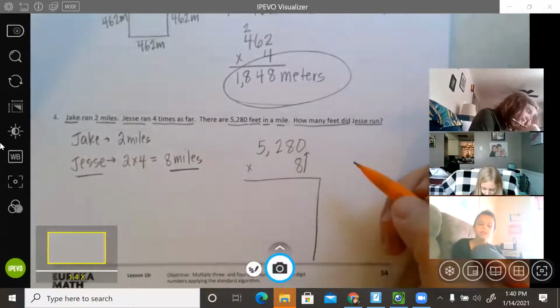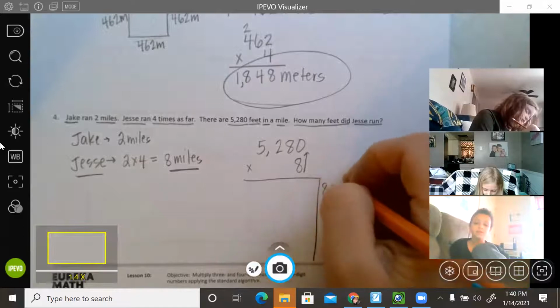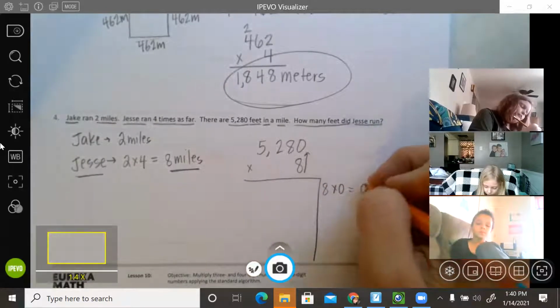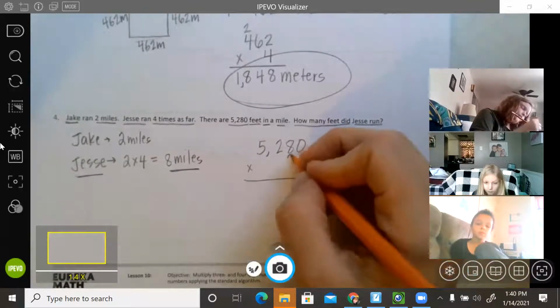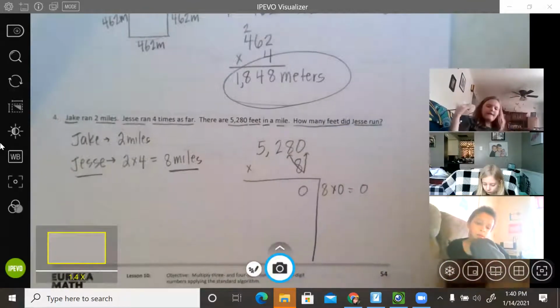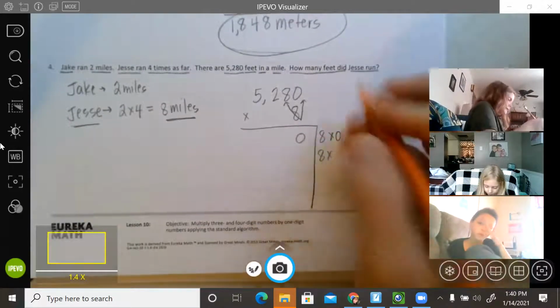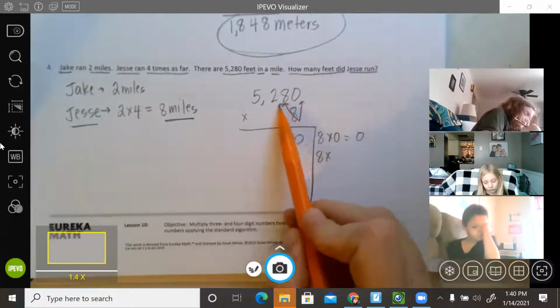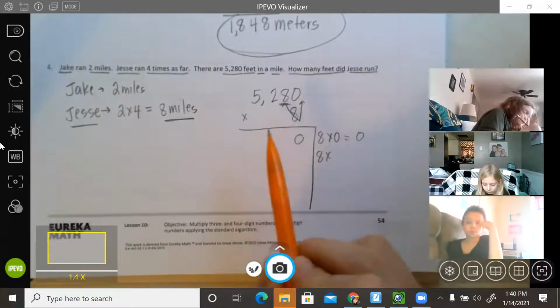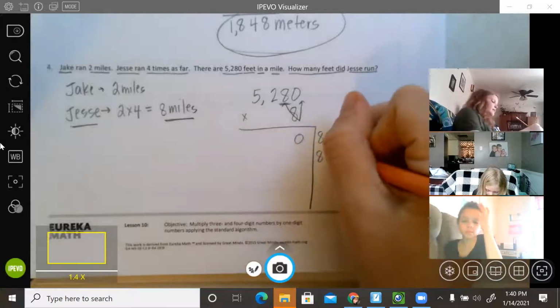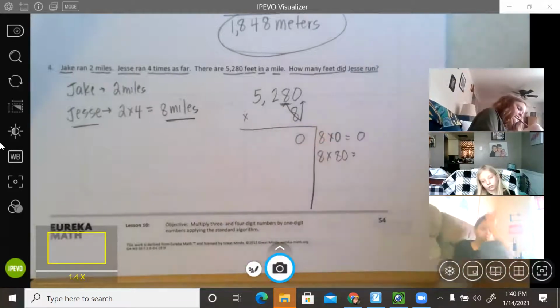Write down 8 times 0. That equals 0. Okay, what do I do next? Partial products. You have to use the value of that 8. 80. What's 8 times 80?